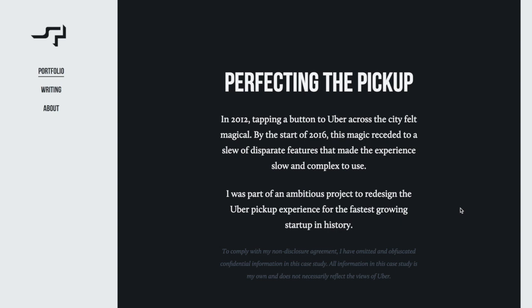By the start of 2016, this magic receded to a slew of disparate features that made the experience slow and complex to use. I was part of an ambitious project to redesign the Uber pickup experience for the fastest growing startup in history. Some really great tight copywriting there, which is a great example which could be used for your own case studies.